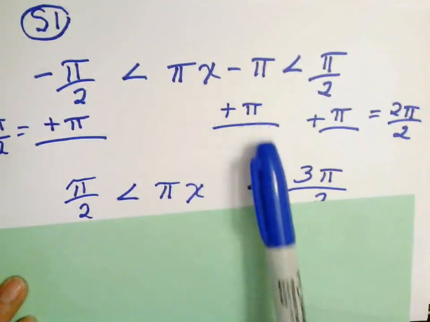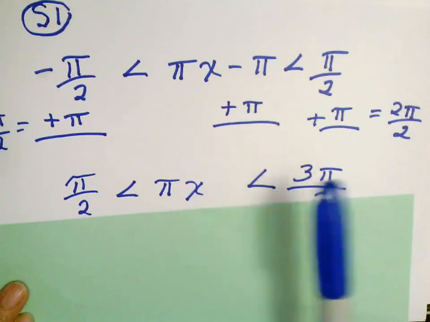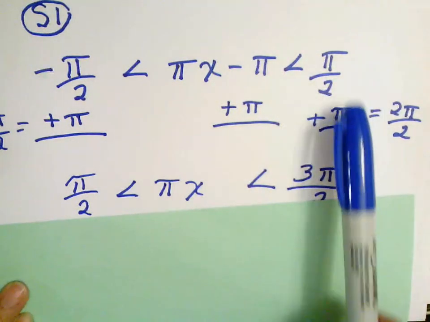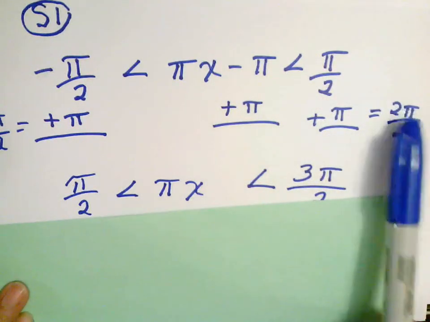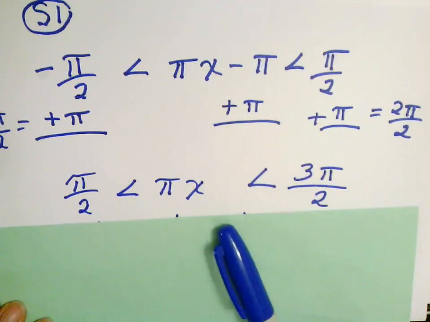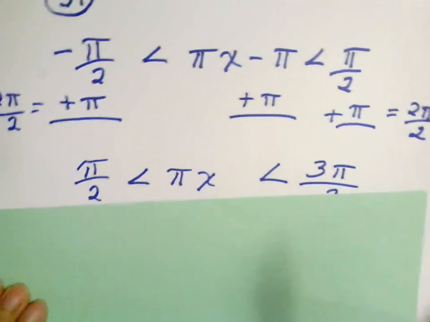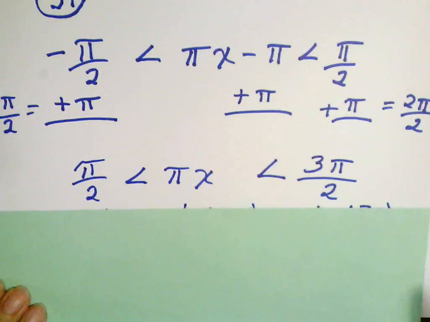Negative pi plus a positive pi will give us 0, so we have pi x in the middle. And then pi over 2 plus pi, and remember that pi is 2 pi over 2, gives us 3 pi over 2. We're still not through. Here's pi times x in the middle. We have to get 1x, just a plain old x by itself there in the middle.